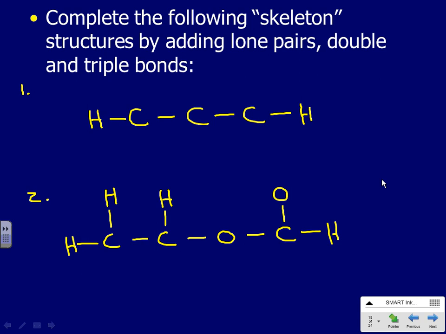In other words, carbon needs 4 lines. So the carbon could look like this, the carbon could look like this, the carbon could look like this. If I've got an oxygen in it, it's got to either look like this or like this. So all I'm doing is completing the picture with extra lines and dots where needed so everything looks like it should.